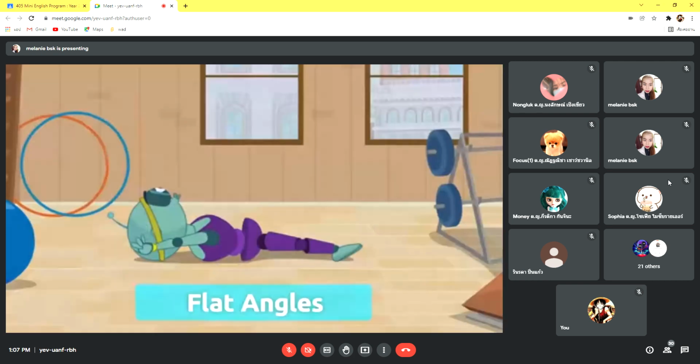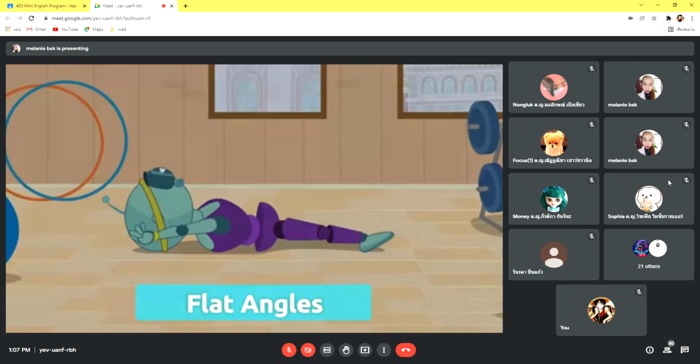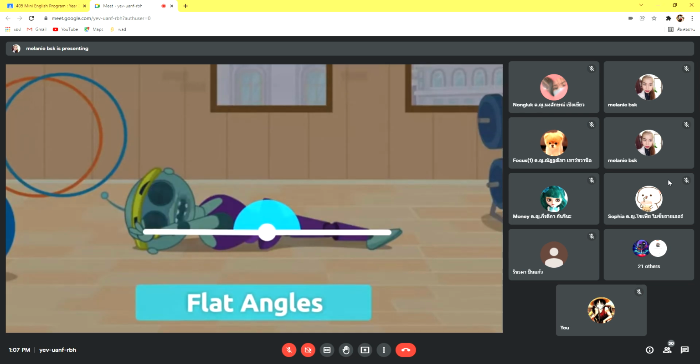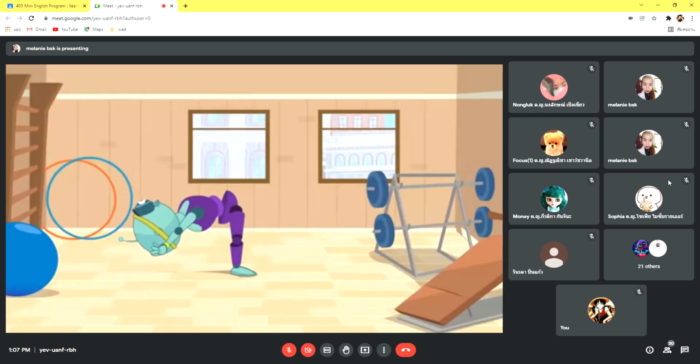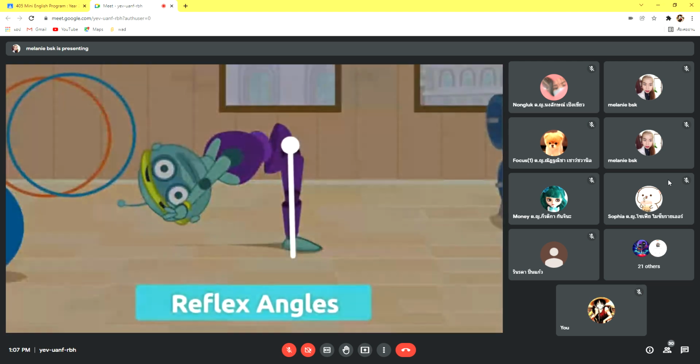Flat angles are those angles that measure exactly 180 degrees. This is my favorite pose. It's easy peasy. Reflex angles measure more than 180 degrees and less than 360 degrees.